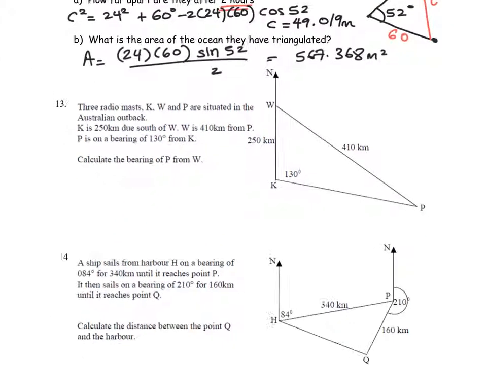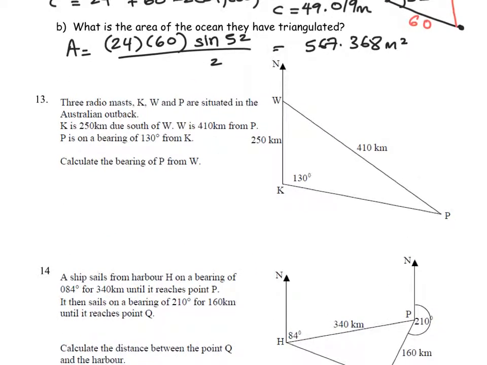Now let's move on to the next problem, which is problem 13. Three radio masts K, W, and P are situated in the Australian outback. K is 250 kilometers due south from W. So from W going south 250 kilometers.